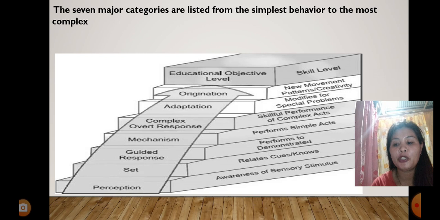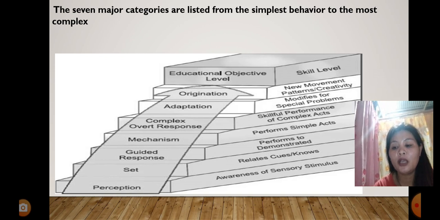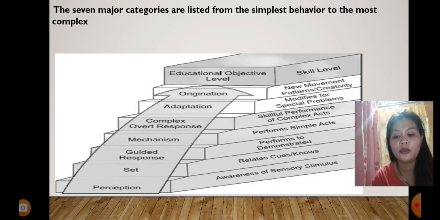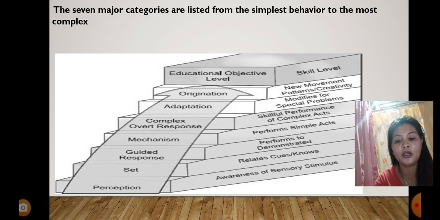In perception, or the awareness, is the ability to use sensory cues to guide motor activity. So this ranges from sensory stimulation through cue selection to translation.